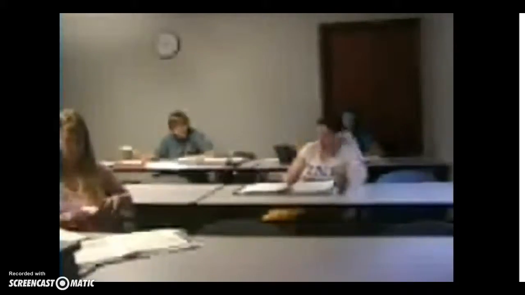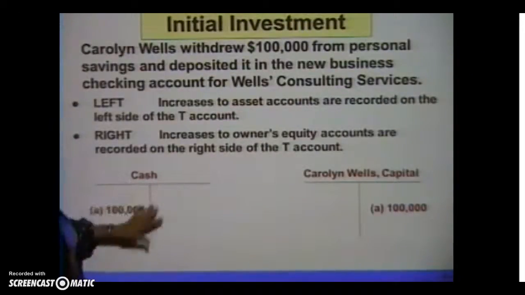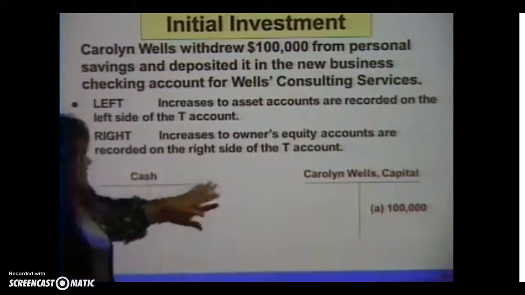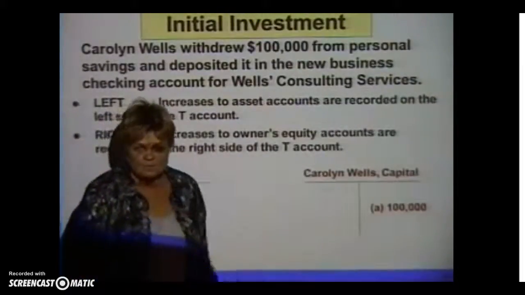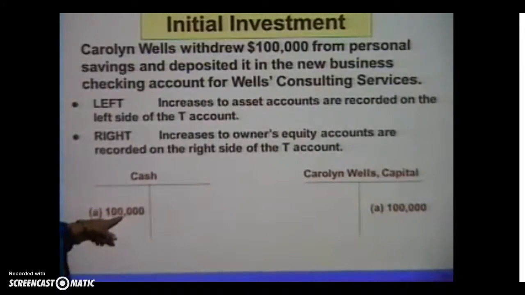Okay. Page 55. We're just talking about this. So here's the T. We have cash and we have capital. Cash is an asset account. Asset accounts are increased on the left side of the T account.